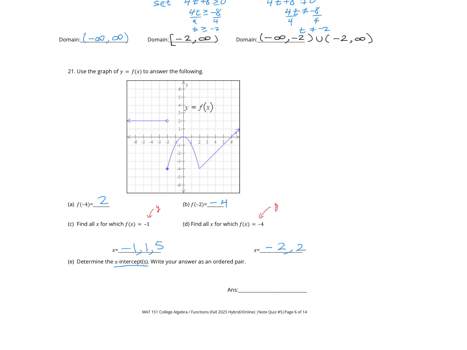So we cross the x-axis here at the origin and over here at 6. Remember, these are ordered pairs because they're locations on the graph. So 0, 0, and 6, 0 are those two x-intercepts. And again, it is possible to have multiple x-intercepts for the graph of a function.